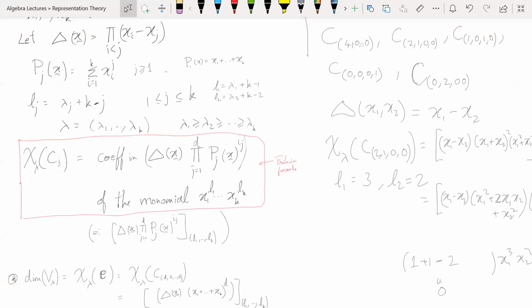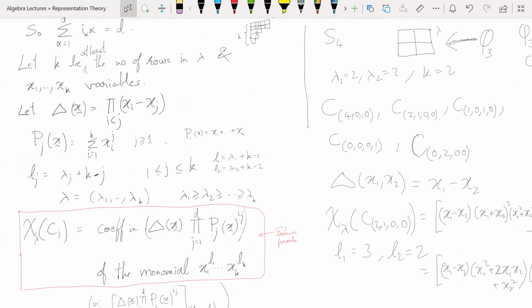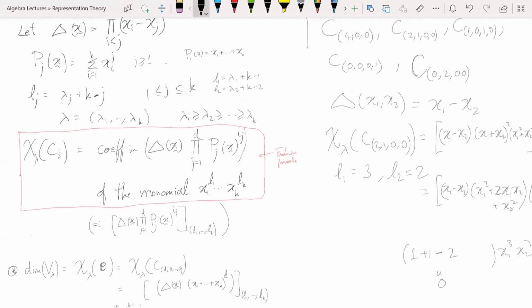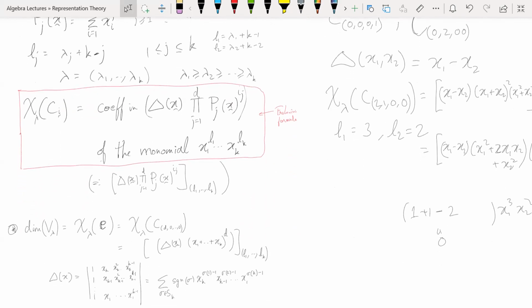Using this formula, in particular, you can compute the dimension. The dimension corresponds to when this I twiddle has first entry D and the rest are 0. So the dimension of V lambda is chi lambda of E, the identity.